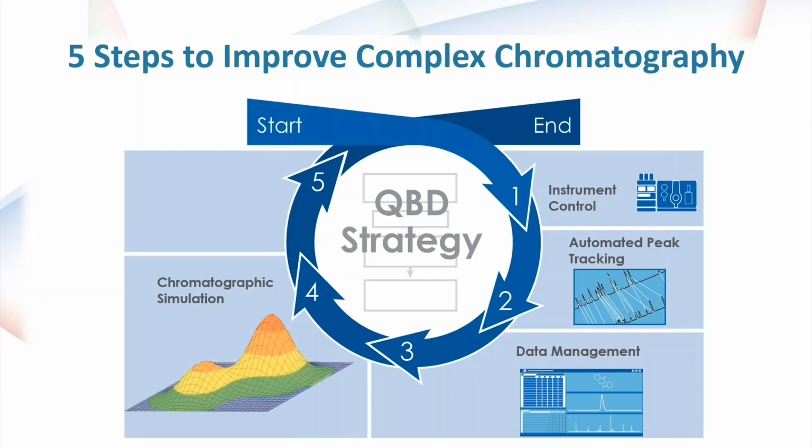This is tightly integrated with chromatographic simulations. As you've seen from the previous webinar, we have a product called LC Simulator which does chromatographic simulations. This capability has been tightly knitted into the solution that you're seeing today. And finally, once you've achieved the desired separation, we have capabilities that allow you to clearly communicate those results to your colleagues or within the industry.